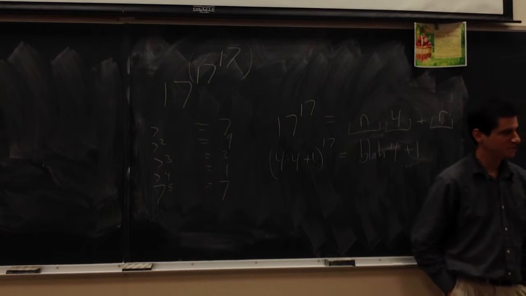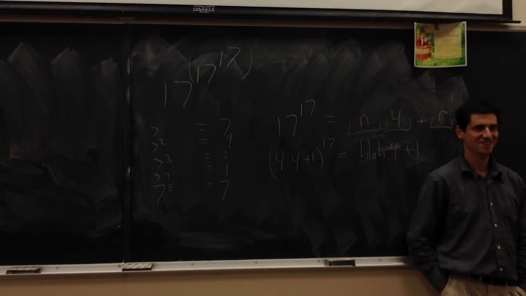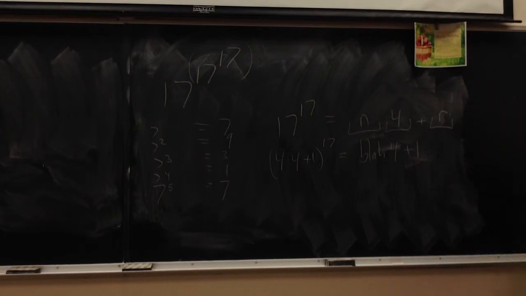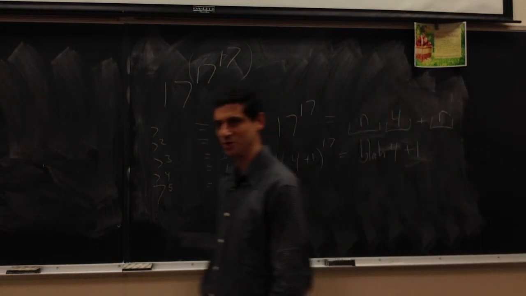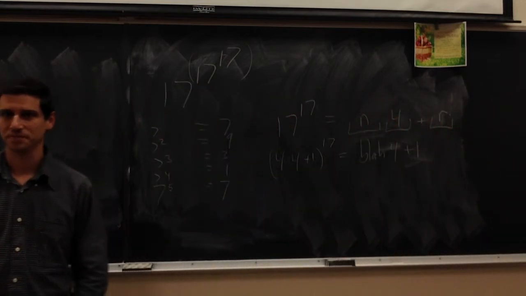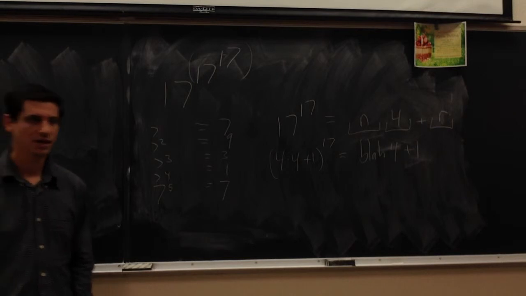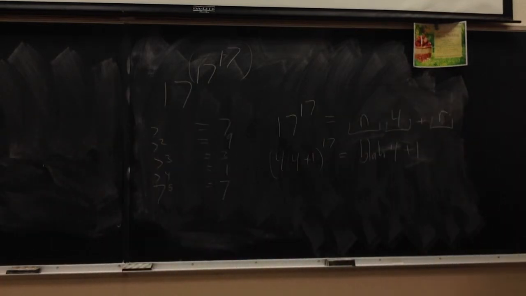I was curious to see if Mathematica could do this. It calculated 17 to the 17 without any problems, but with 17 to the x, where x was 17 to the 17, it got an overflow. So this actually did break Mathematica, which is nice. You'd have to play with it a little to get it to compute this. We can check: is 17 to the 4 equal to 1?